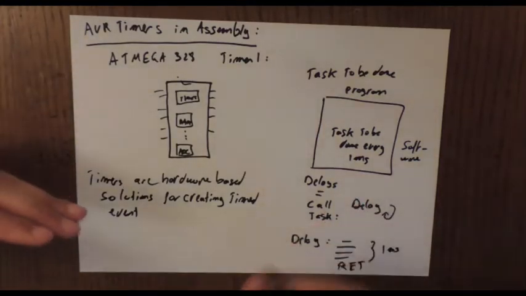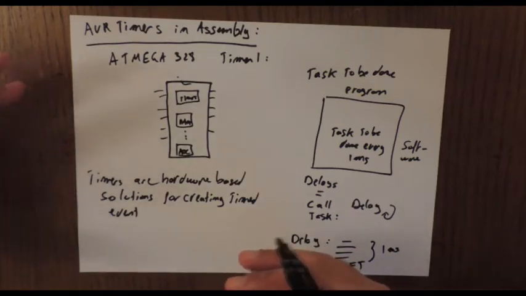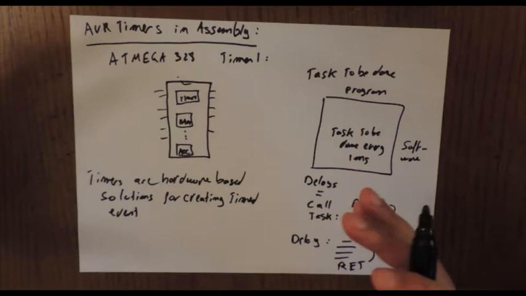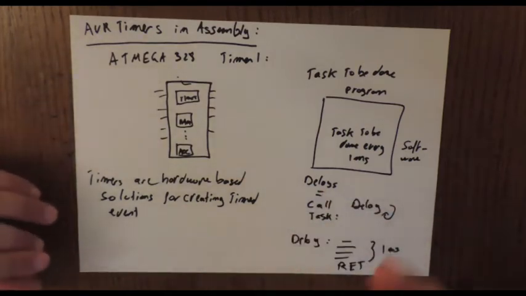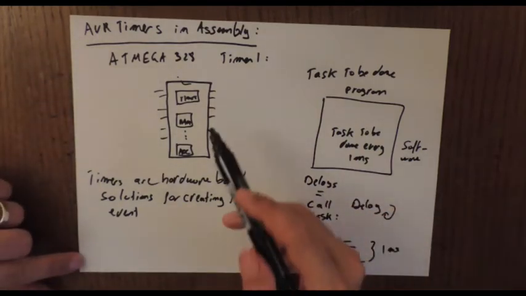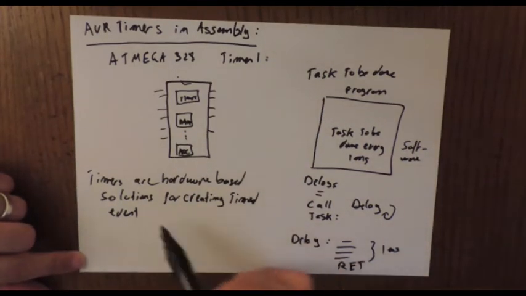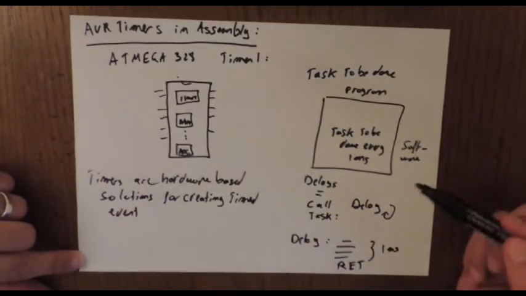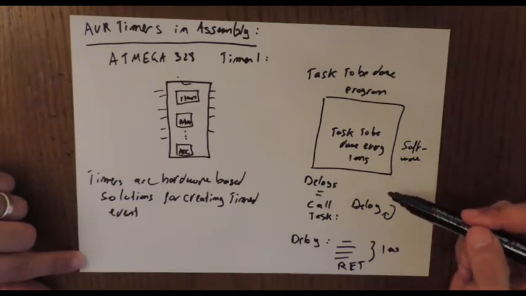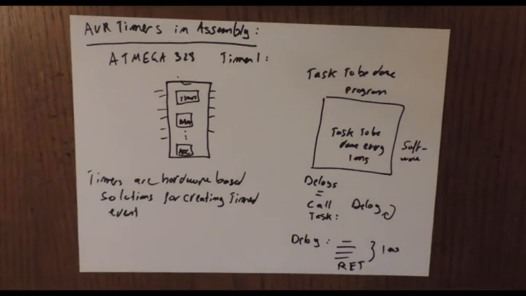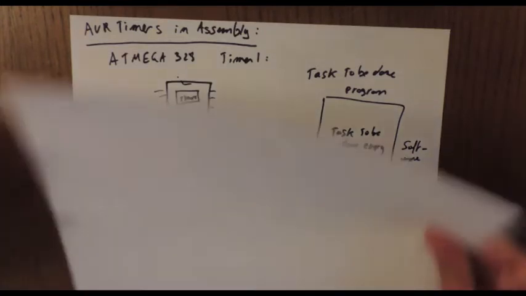So your code will be doing some stuff like copying some values, reading some values while the timer is running. So the timer is running parallel to your code. Timers are a hardware-based solution for creating timed events, whereas delay routines are a software solution for this timed event.